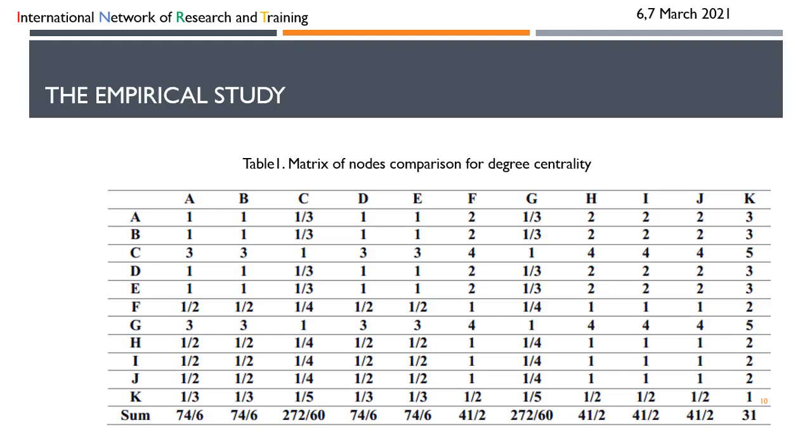Then the following step is to construct, for each centrality measure, a matrix that compares each node to the others depending on each criterion. So we start with degree centrality, we compare each node with the others, and of course we can base it on the values already calculated by R software for degree centrality, and then we can determine the values using the Saaty scale.